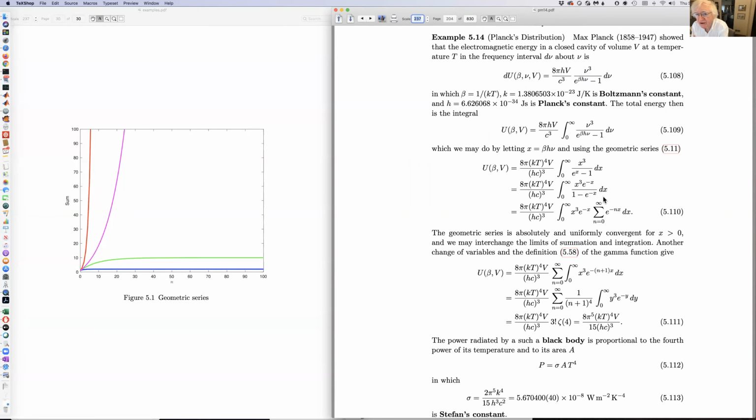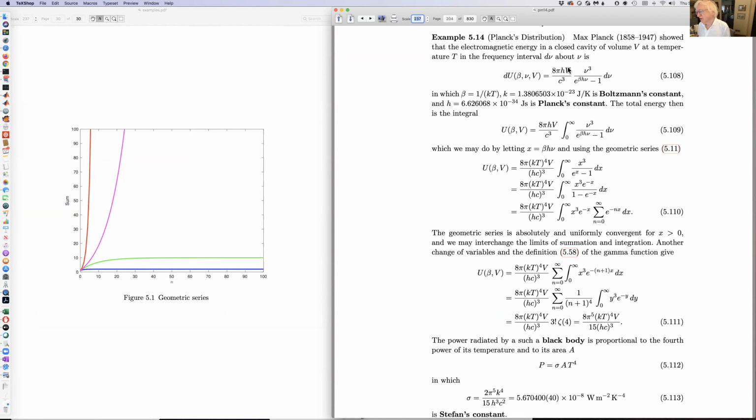Well, he showed that the electromagnetic energy in a closed cavity of a volume V at temperature T in the frequency interval of width d nu about frequency nu is given by this formula. V is the volume of the cavity, h is Planck's constant.